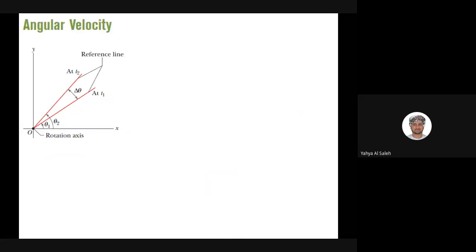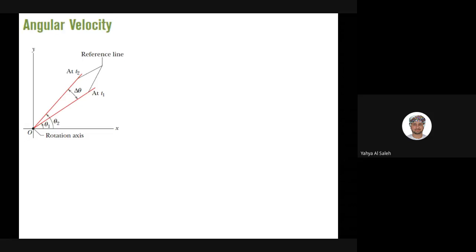Now, knowing what we know so far, if I want to define angular velocity, how would I define it? For linear variables, velocity was delta x equals x2 minus x1 over time.